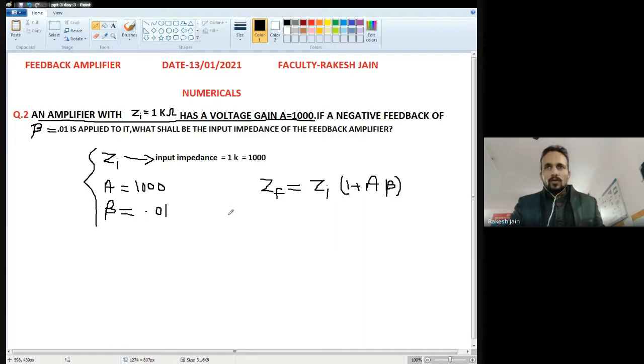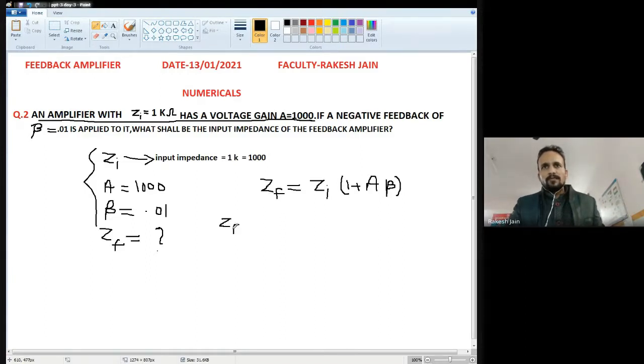So we have to find out ZF, the input impedance of the feedback amplifier. We know that feedback improves the input impedance, and we derived ZF equal to Zi multiplied by 1 plus A beta. So now we have to find out the answer.